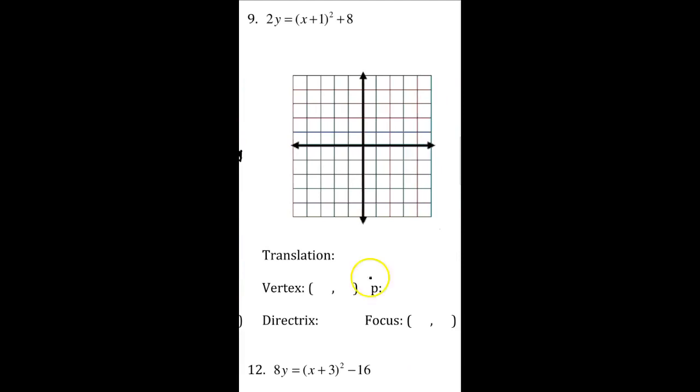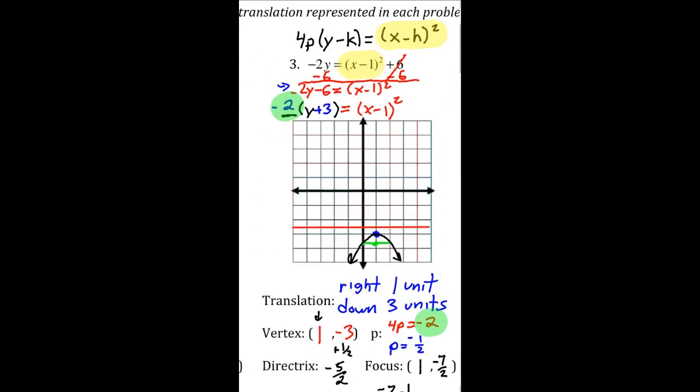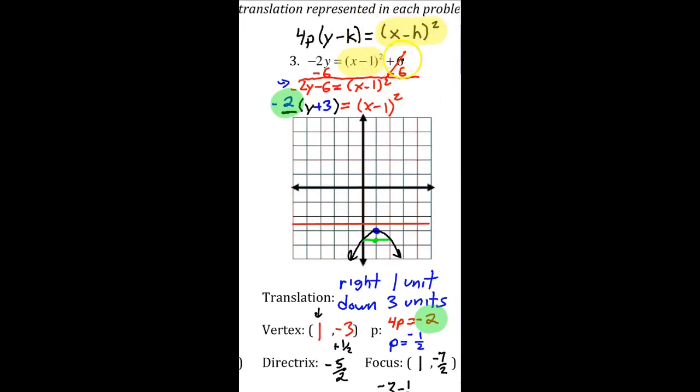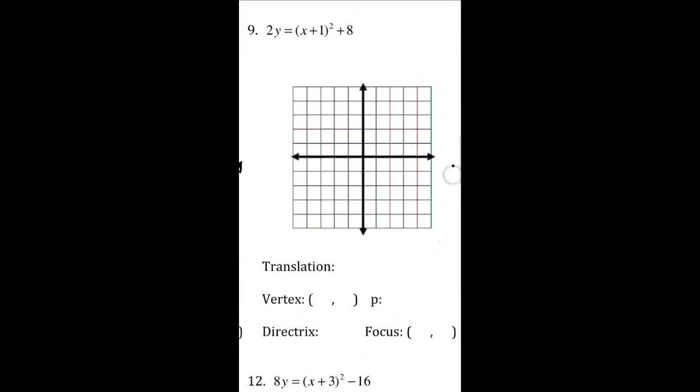All right, when we get to 9, you might recall back earlier on number 3, we did have a problem that had some numbers on the outside, and we had to do some extra work. So it looks like number 9 is very similar. So let's do that extra work again to get the right format. Let's move this plus 8 out of the way.